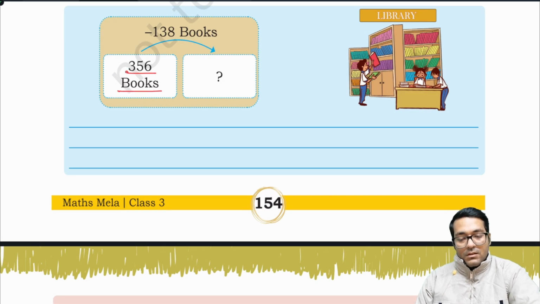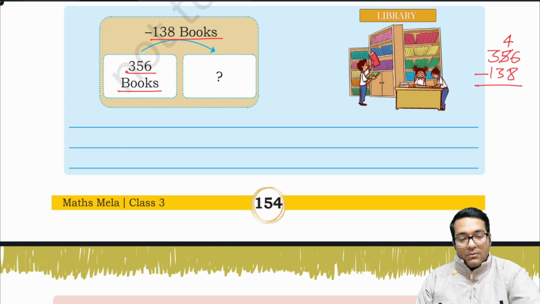356 books. From them 138 books were taken out. That means you have to subtract 138 from 356. Since you can't take out 8 from 6 ones, 1 ten is broken.